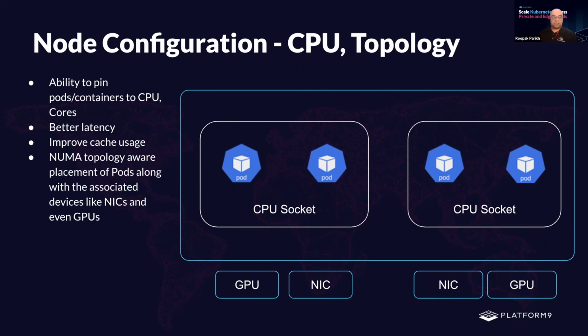The pods which land on CPU socket 1 should connect to the NIC or GPU which is close to that socket, and the other way around. So it's really important for these applications. Again, we are talking about connected cars, factory automation, guided vehicles, surveillance.